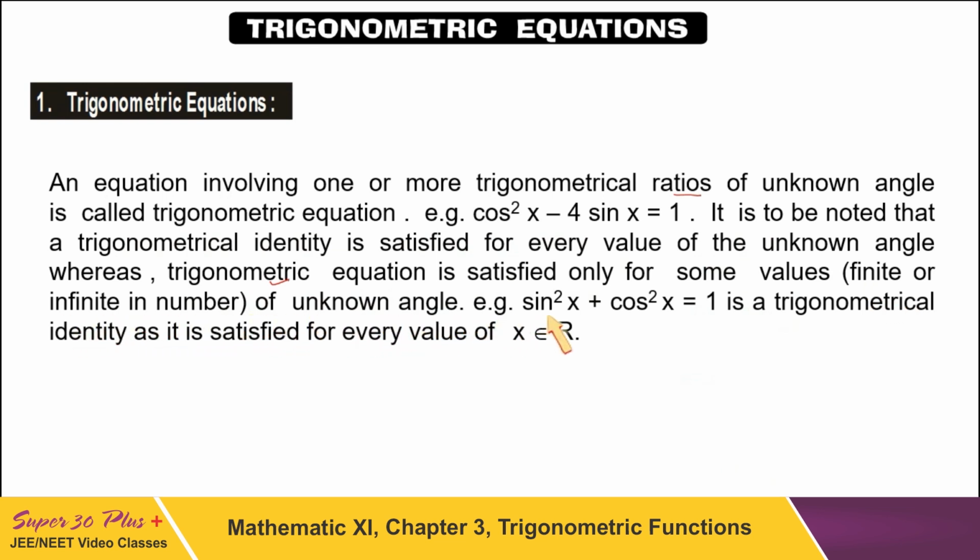For example, sin square x plus cos square x is equal to 1 is a trigonometrical identity as it is satisfied for every value of x belonging to real numbers. This is the basic difference between identity and equation. An identity has infinite roots, or you can say the roots of an identity are greater than its degree, and the roots of an equation are equal to the degree of the equation.